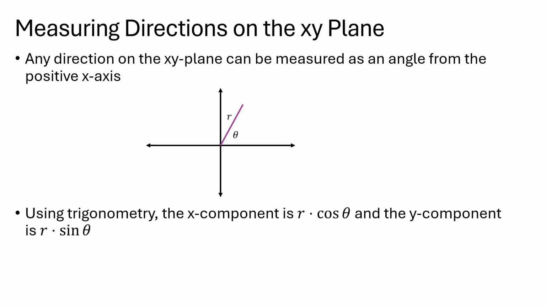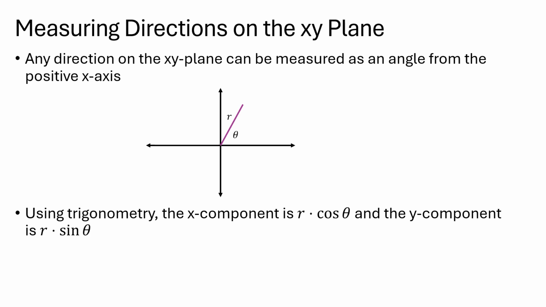Before we can take directional derivatives, we need a way to identify diagonal vectors on the plane. Similar to what we discussed Friday in class, that is prior to leaving for break, we can identify directions using an angle measured from the positive x-axis. And from trigonometry, any direction can be given for the x component, whatever distance we have from the origin times cosine, and along the y direction, whatever distance times sine.